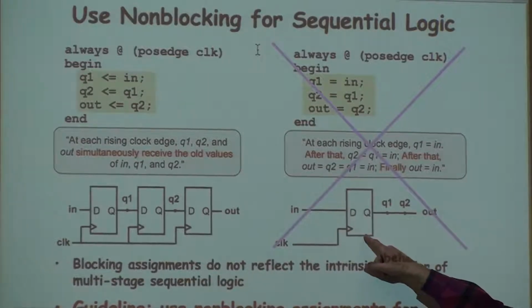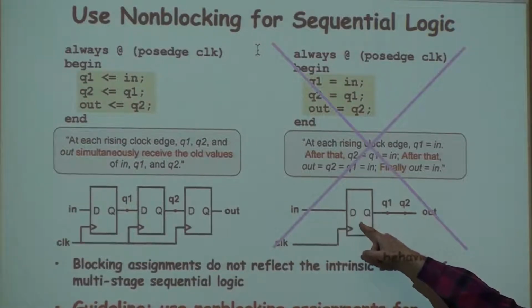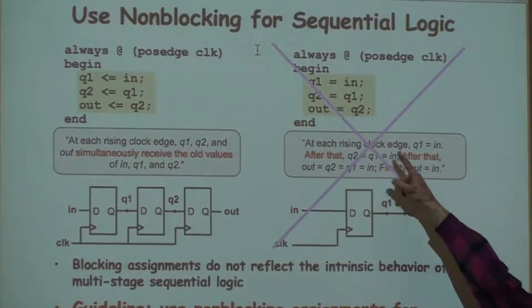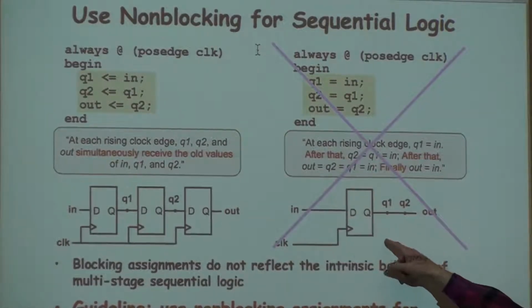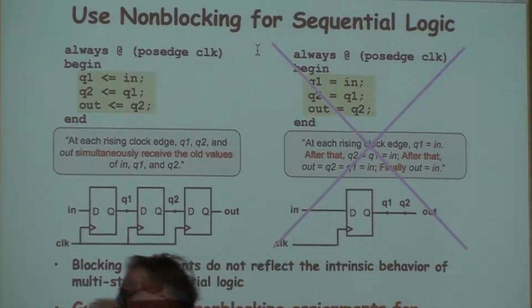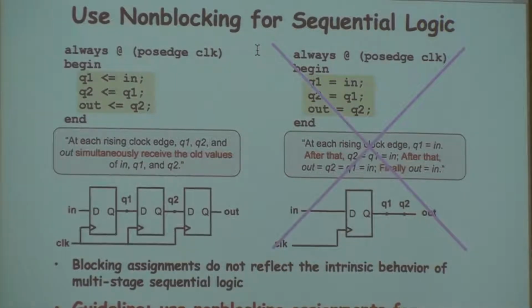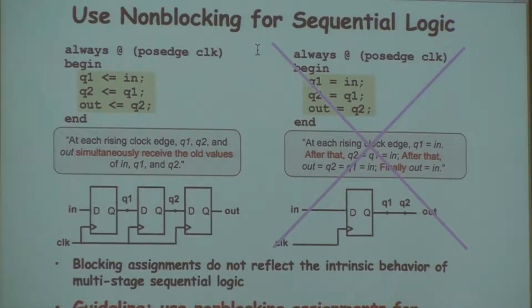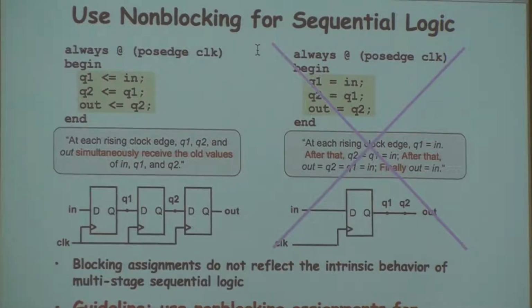You're clocking in the value of the input on the clock, and then Q1 just becomes the same as Q2, which is assigned to the out, which is not what you want if that's what you want to model. So when you want events to happen on the clock edge, in other words, if there is the keyword posedge in the always, you will use non-blocking assigns, if you expect to model what you think you're modeling.